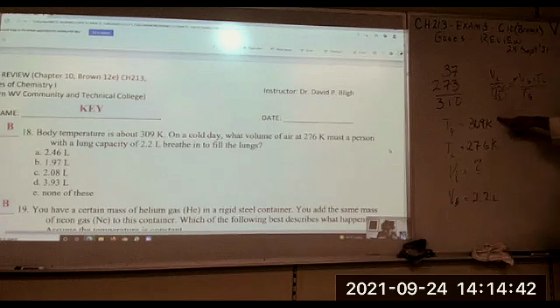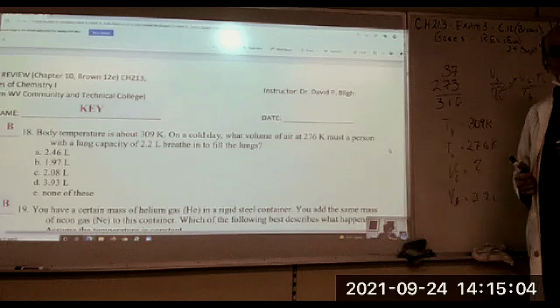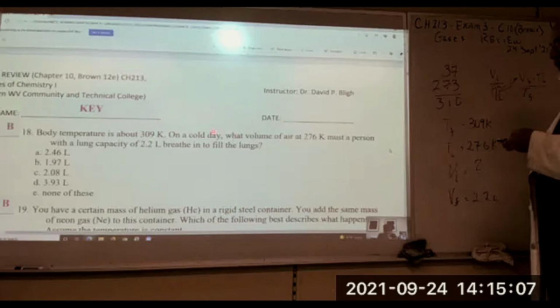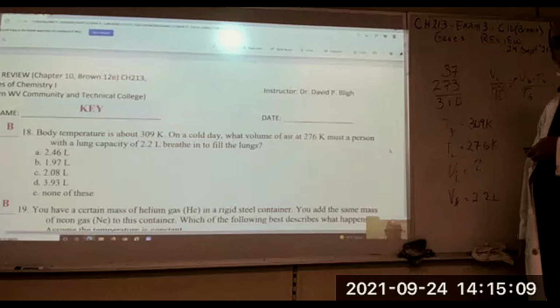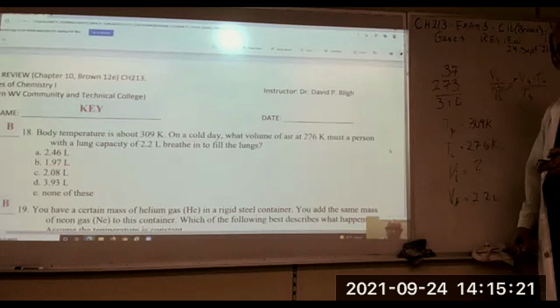So you just plug in this number here, plug this number in here, plug that number in there, and you get the initial volume, which is at that temperature. And it should be 1.97 liters. Does that make sense? That's the next thing. Well, if the temperature is lower outside the body than inside the body, the volume should be less. So yeah, it does make sense. Right? It's either this one or that one. And do the calculations and you find it's that.